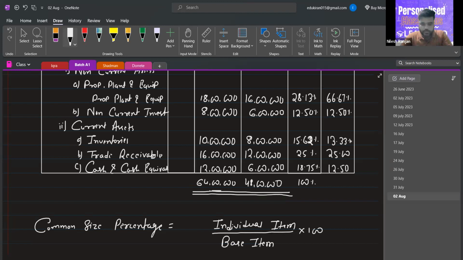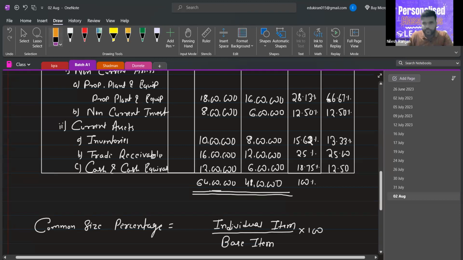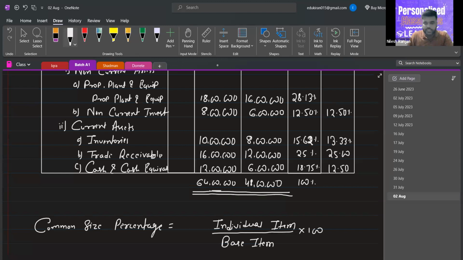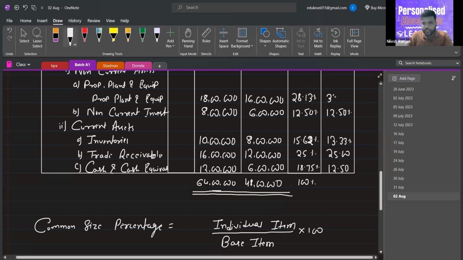Actually, that's why it is not 66.67. It is 33.33%. And it is 16.67%.